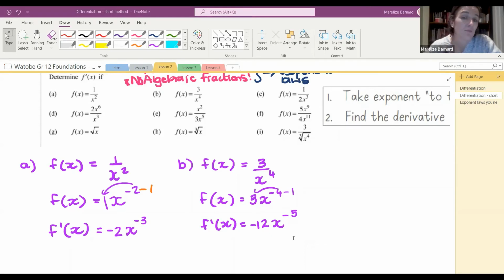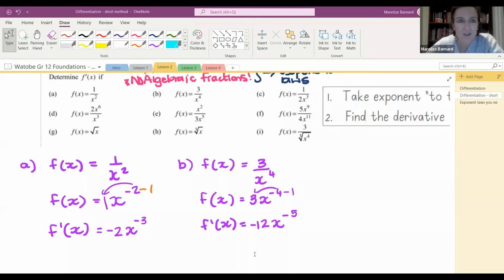But I'm not so concerned about practicing that this evening. We can definitely practice it another time or next time. Today we are just getting to the point where we all understand that we have to get our exponent to the top and then how to differentiate. So our focus is on that today. Another time we'll focus on changing it back to a positive exponent. So I just want everyone to get to that point this evening.